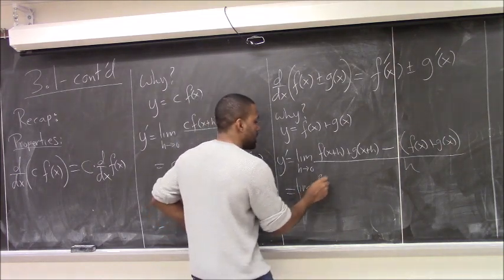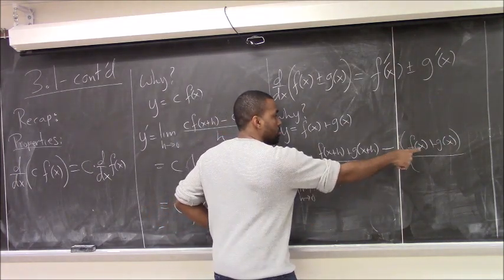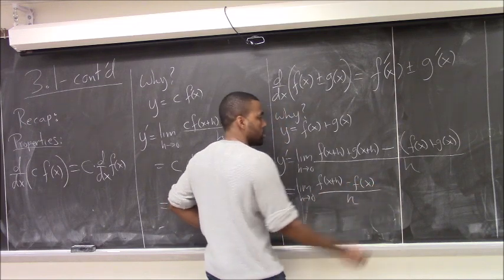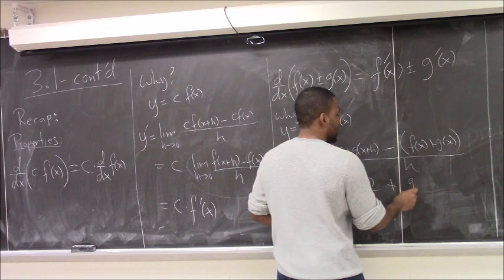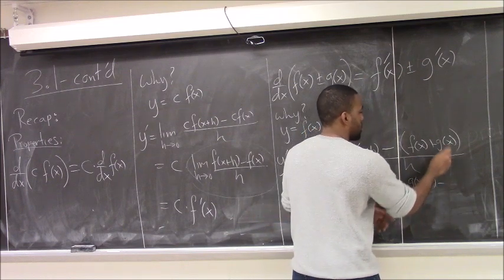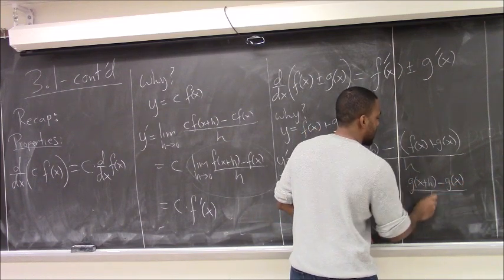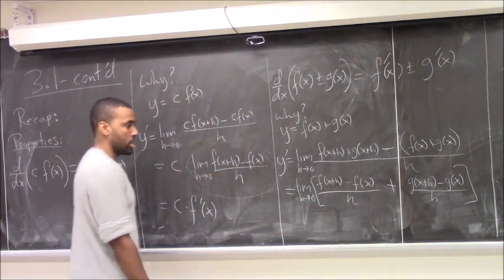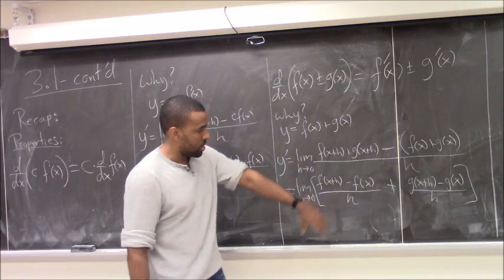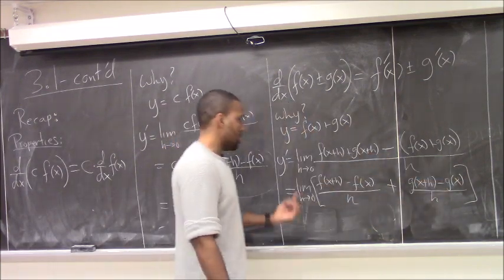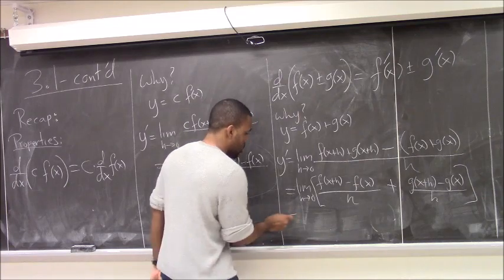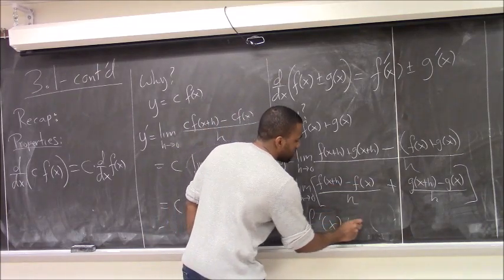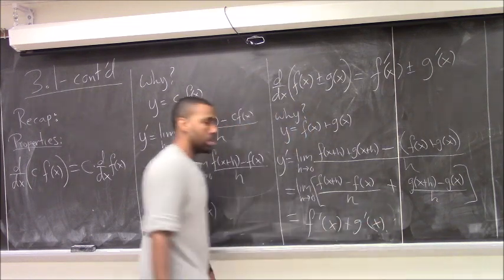So I can combine the f of x plus h minus f of x, put that over h, plus take the g of x plus h minus g of x, put that over h, and take the limit as a whole. That's me just splitting up a fraction, which we know we can do. This guy here is just the derivative of f. That guy here is the derivative of g. Limits distribute across sums, therefore the limit of the sum is just the sum of the limits, and I end up with f prime plus g prime. So that's why that works.